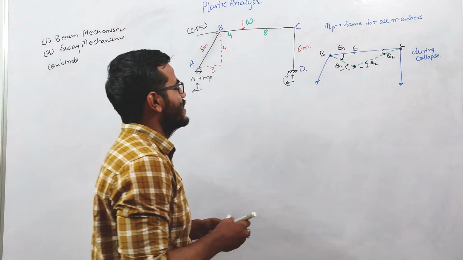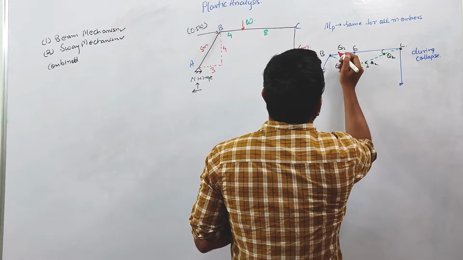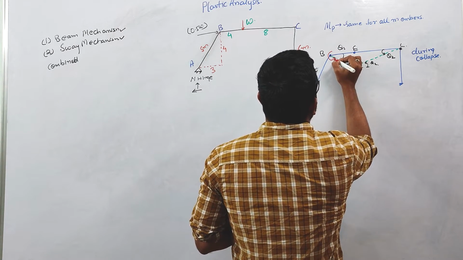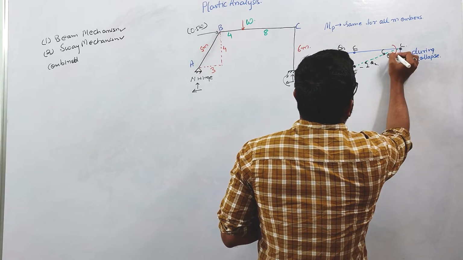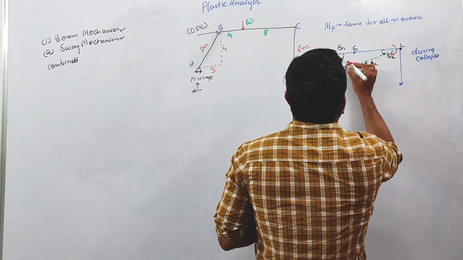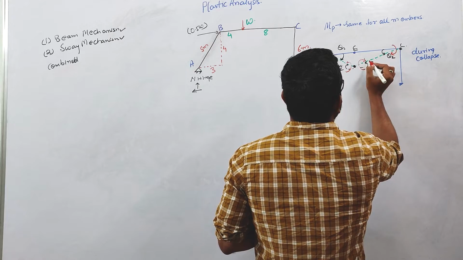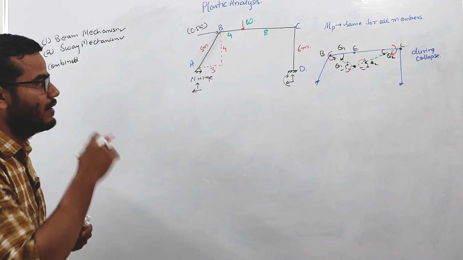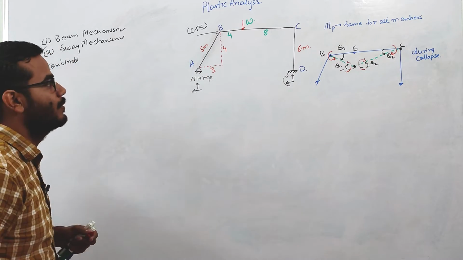And let us show the direction of the plastic moment. The plastic moment will be opposite to this rotation, so it will be anti-clockwise here, clockwise here, here it is again anti-clockwise, and here again it is clockwise. Okay, so this will be the direction of the plastic moment.